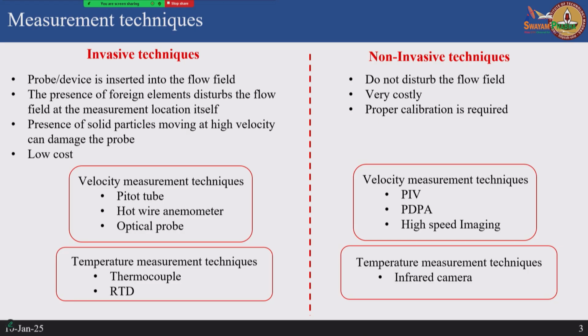On top of that, if there are solid particles and so on moving at high velocity, you can even damage the probe. For example, hot wire probes are very thin films of the order of microns, and if the air flow or water flow has a lot of dust particles, they can actually damage your probe sensor.